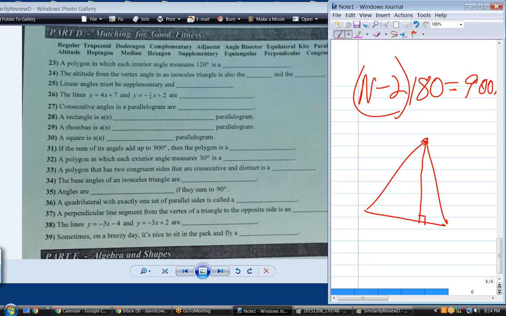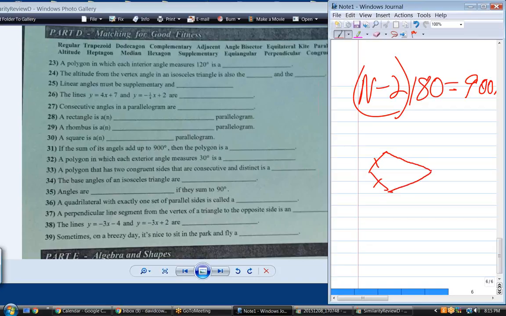That's what an altitude is. A polygon that has 2 congruent sides that are consecutive. Well, there's 2 sides that are consecutive and the same. And distinct. I'm not sure why they put distinct in there.